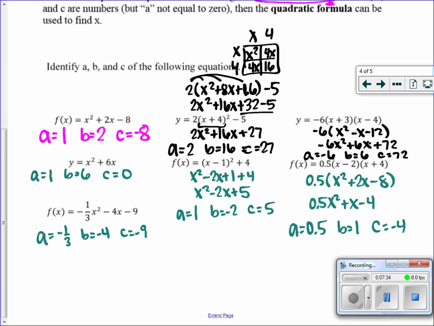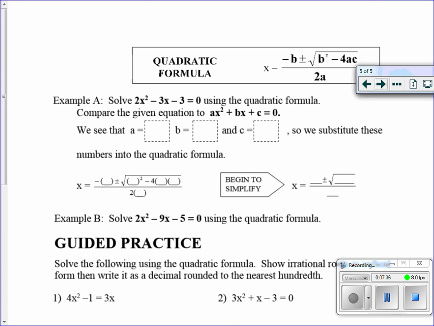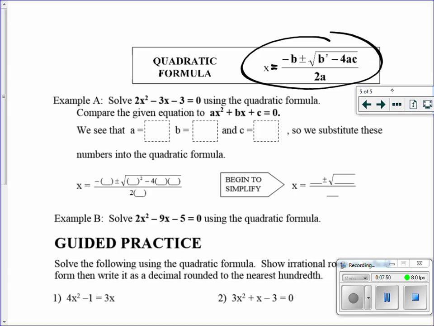And now we're going to start using the quadratic equation to solve. So this big old scary thing is our quadratic formula. That should be an equal sign. So when we're using that quadratic formula, it's exactly like it sounds. It's a formula.